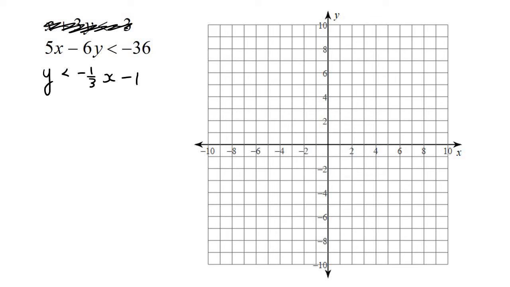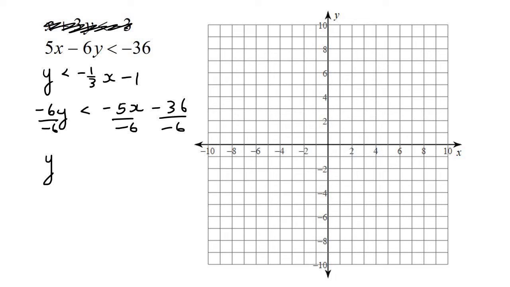And then I'm going to do the same with this one, and this one's got something very interesting that's going to happen. So I'm going to leave the negative 6y on the left. I'm going to take the x over so it becomes a negative, like that. Then we're going to divide everything by negative 6. Now be careful. Do you remember back in the day when we were learning about inequalities, and what we said was that when you divide by a negative, the inequality sign changes.